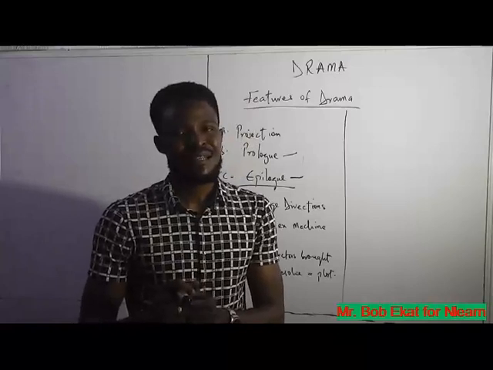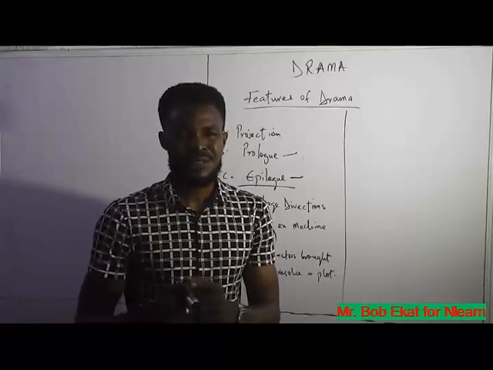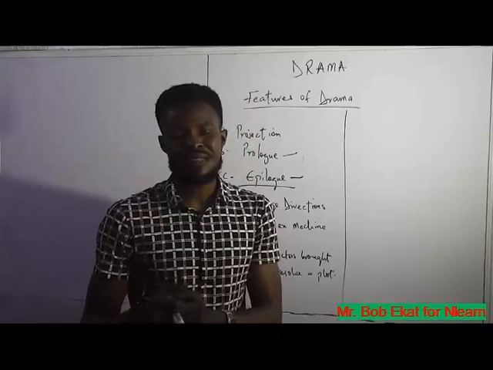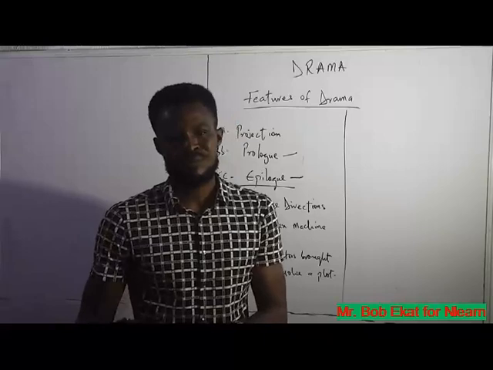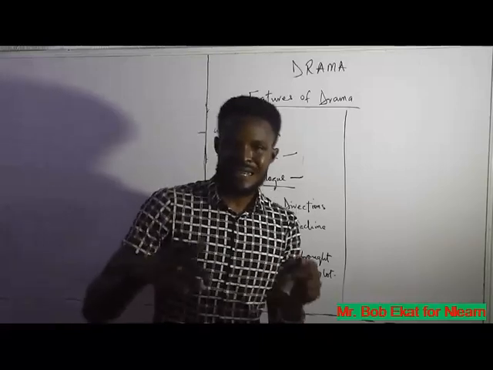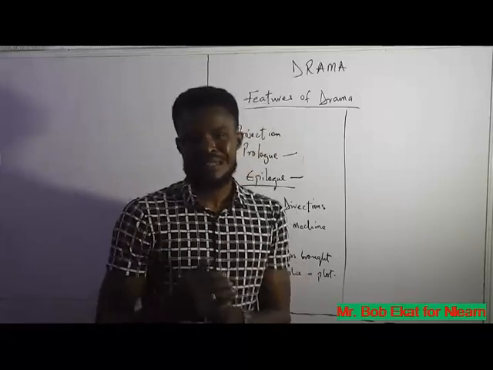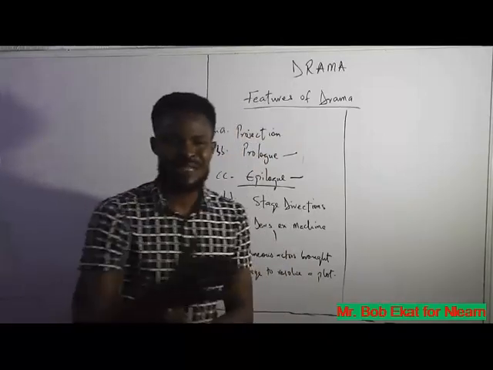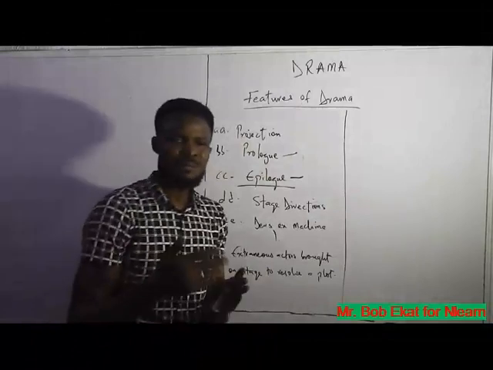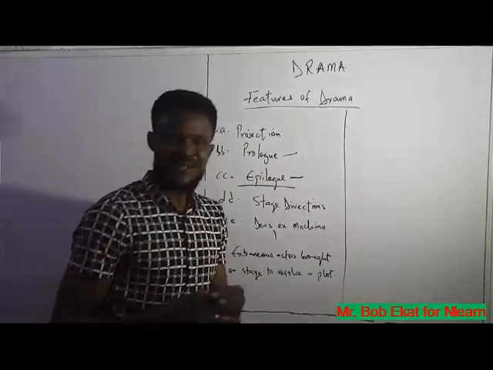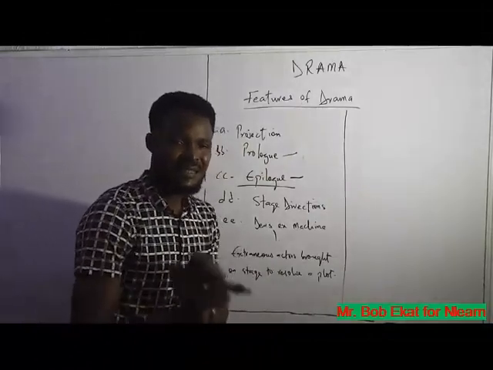It means that in case somebody chooses to pick this book and says, I want to stage this story, how the stage should be set, how the characters come in and go out, the directions as to how the play happens on stage are already written in the book.